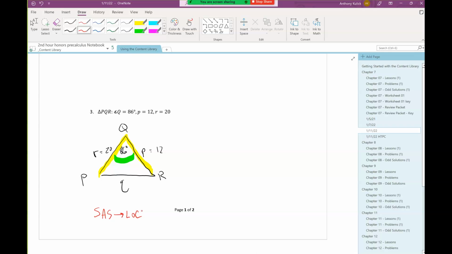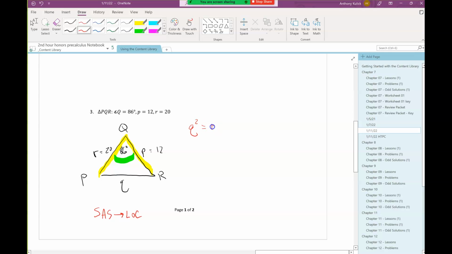So if I look at the law of cosines, the only thing I have enough information to solve for is this side Q. In the side angle side situation, you're always going to be finding that missing side length first. Let's put the numbers in.